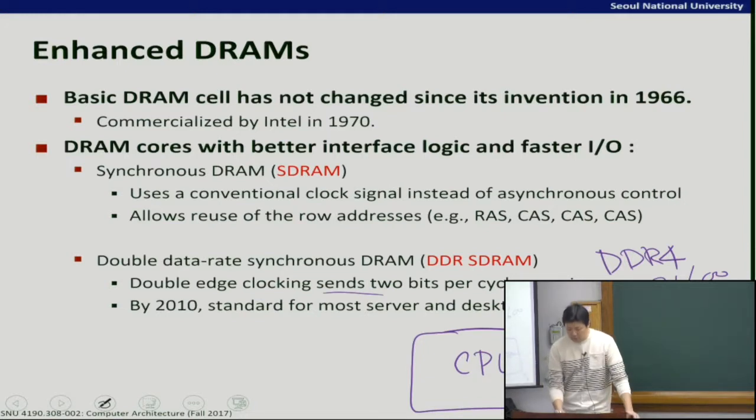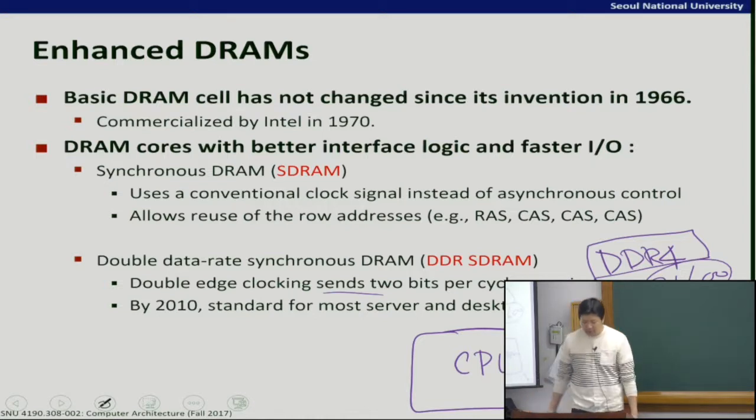DDR4 is the standard DRAM today, and this number shows how much data you can send during a single clock cycle. Pretty much most server and desktop systems use this DDR double data rate DRAM.